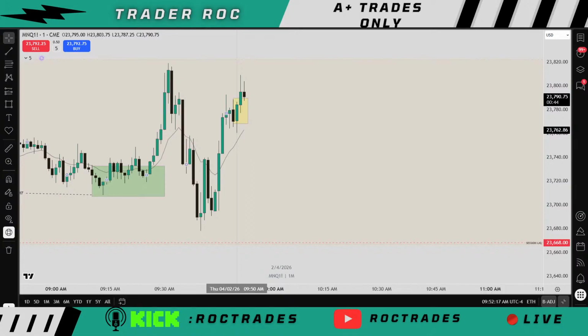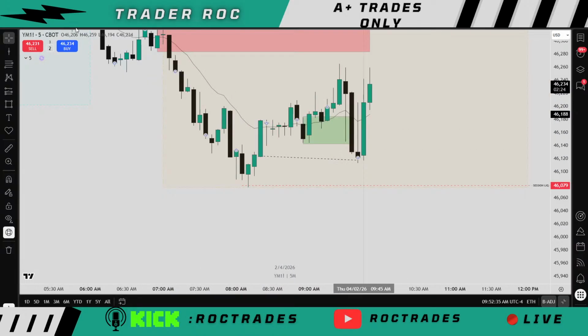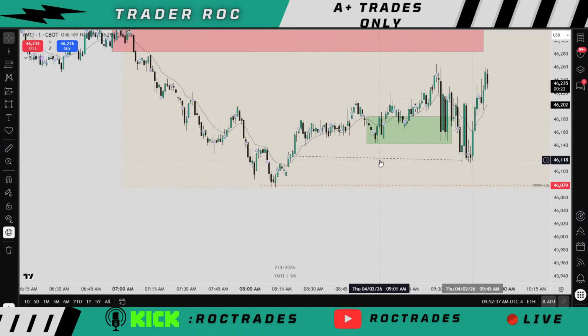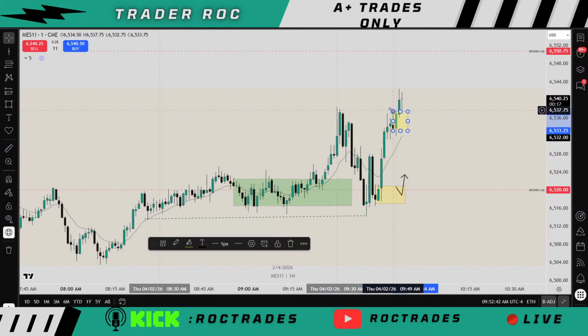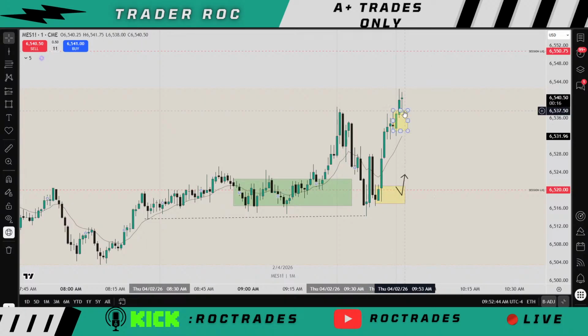If it holds. And it's holding. Which one is the stronger one here? I think ES was the stronger one. ES didn't tap into it yet. I want to see a decent tap into it.